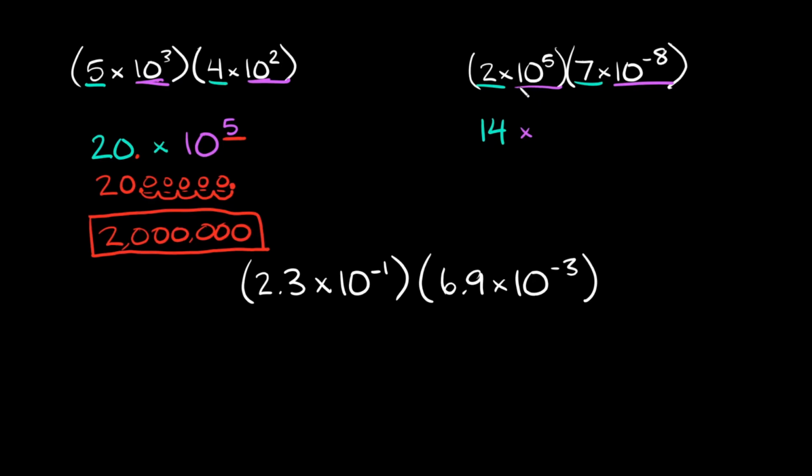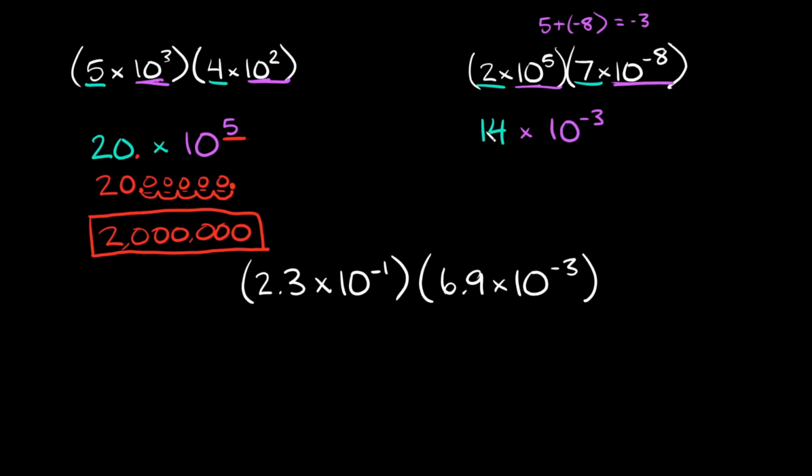So again, we have the same base, right? 10 and a 10. So we'll keep the 10. And then again, in order to take care of the exponents, since we're multiplying here, you just add them together. So you would have 5 plus negative 8. And 5 plus negative 8 is equal to negative 3. Okay, so then we're going to have a negative 3 right there. Okay, so here we have 14 times 10 to the negative 3.